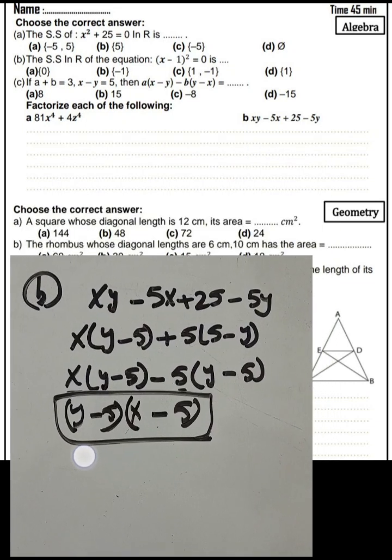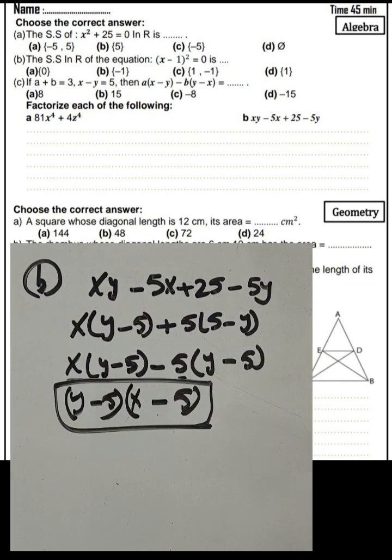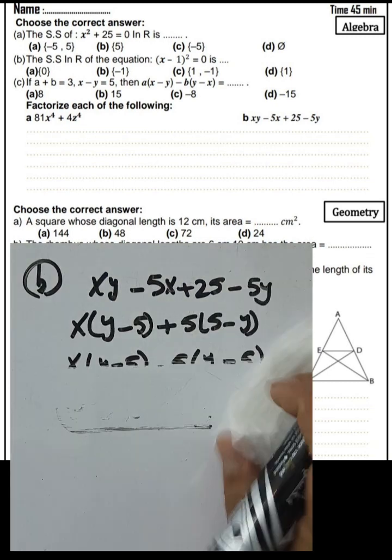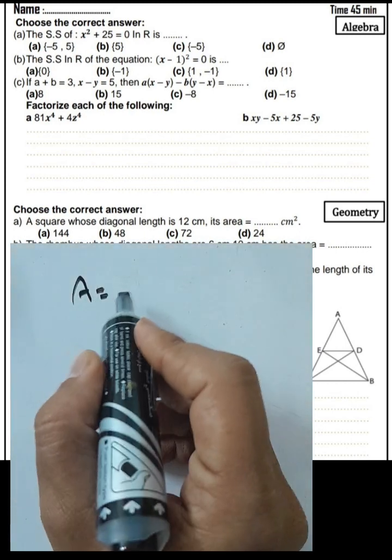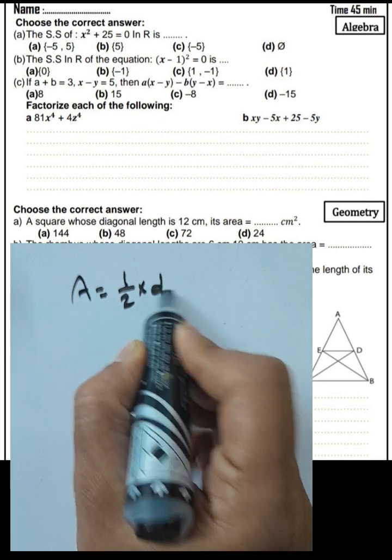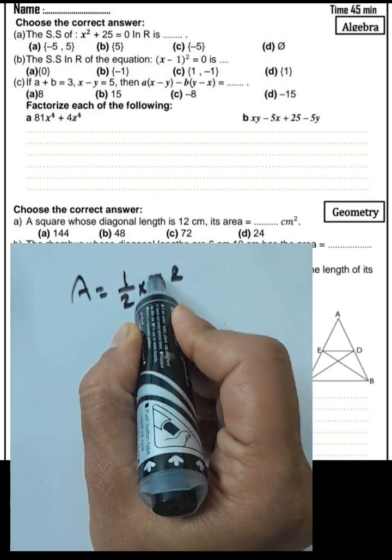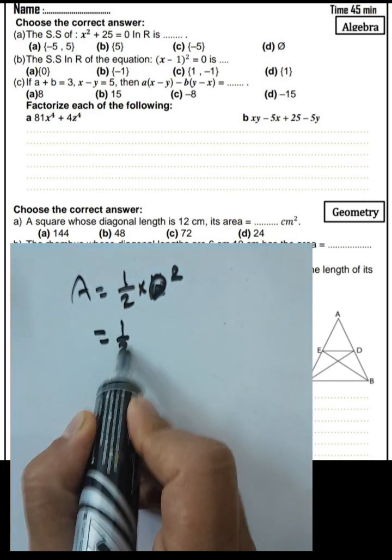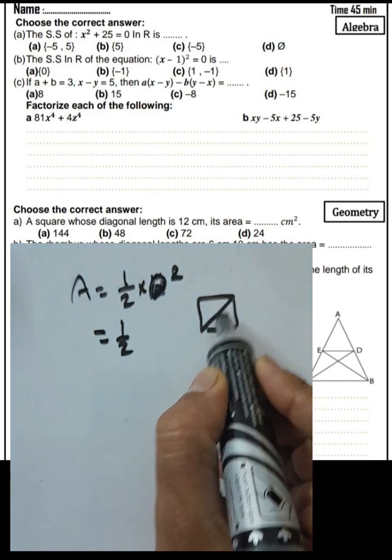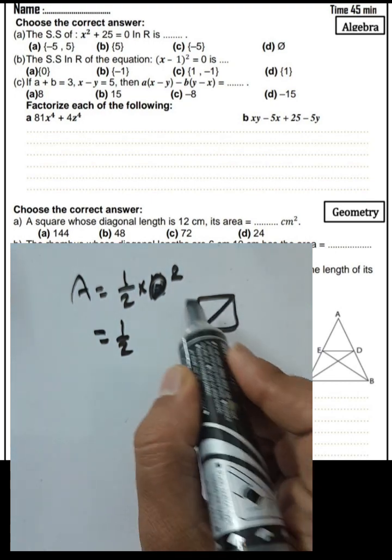Next question. Choose the correct answer. Letter A. A square whose diagonal length is 12 centimeters, and its area will be what? We know the area of a square is half times diagonal squared. Diagonal, we know that a diagonal is a line segment joining two opposite angles.